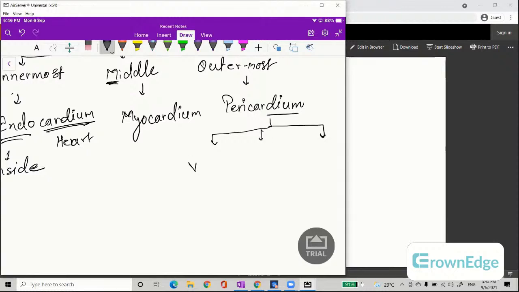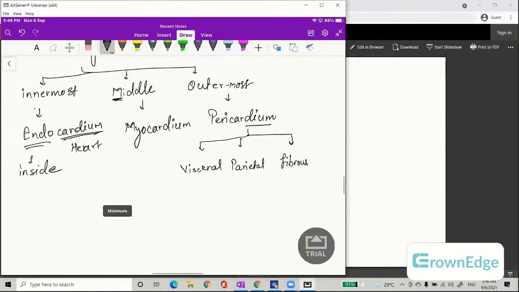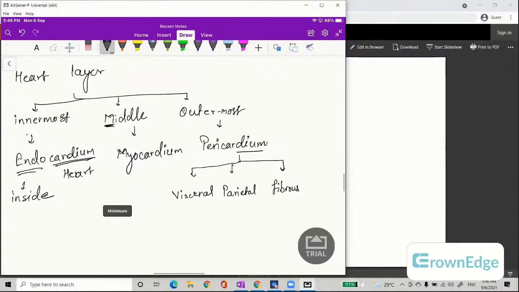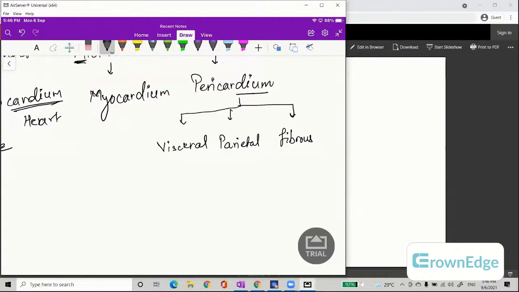That is visceral pericardium, which will be the innermost layer of the pericardium, then parietal pericardium, and the fibrous pericardium, okay? So this is how the heart layers look, right? First is endocardium, myocardium, and pericardium, which is divided into three sub parts.